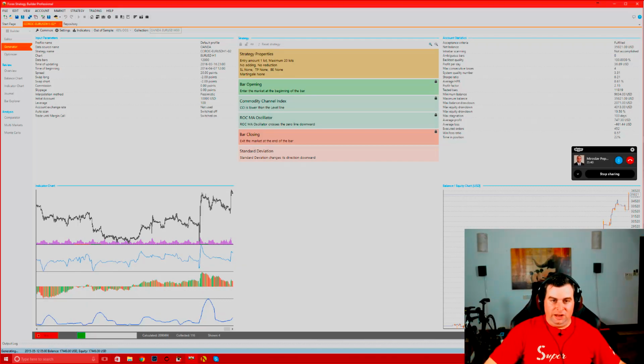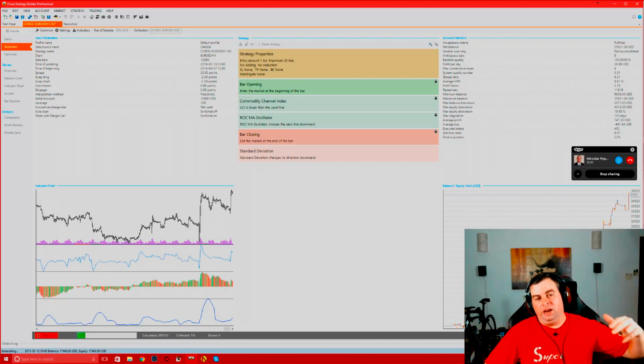So I started with an entry system, and then I found combinations which were working with an N bar, a 10 bar exit. Then I started locking the bar opening, the indicators that I found, and the bar closing, and let it grind for exit strategies.